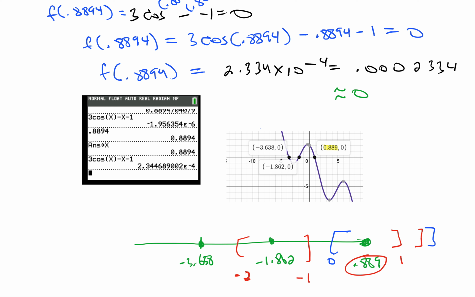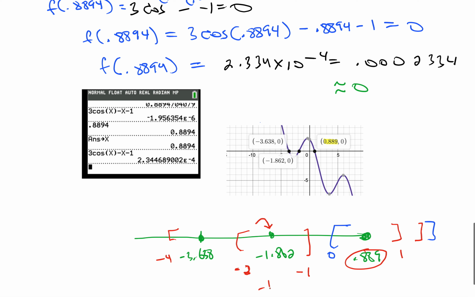So we would do negative 2, and our iterations will take us down to this number here. And you would find a number between negative 2 and negative 1, technically, right? So negative 1.5. That's the number that I would try. Negative 1.5. And then you do your iterations, and it'll drill you down to this number.